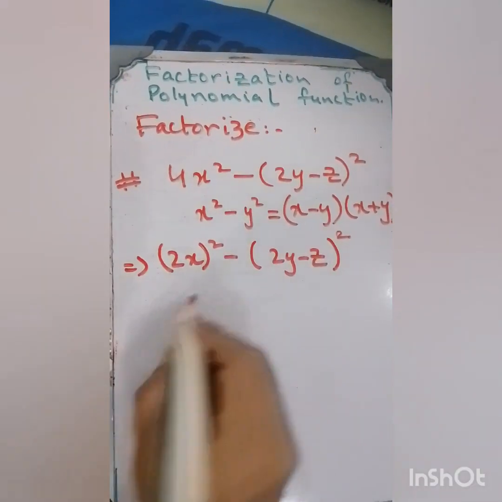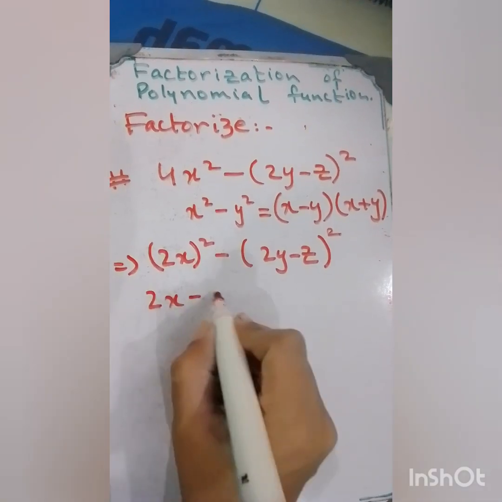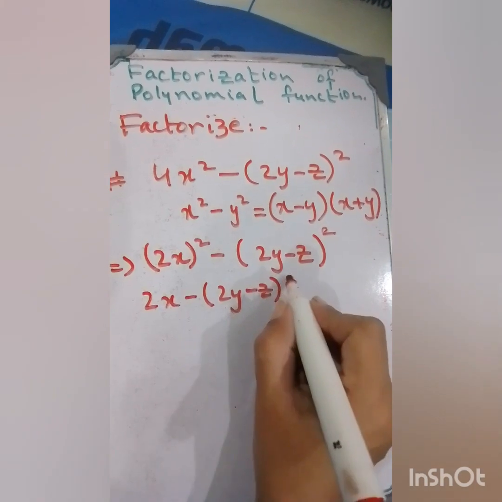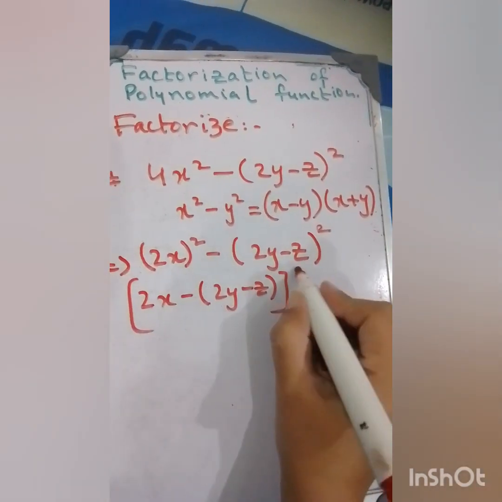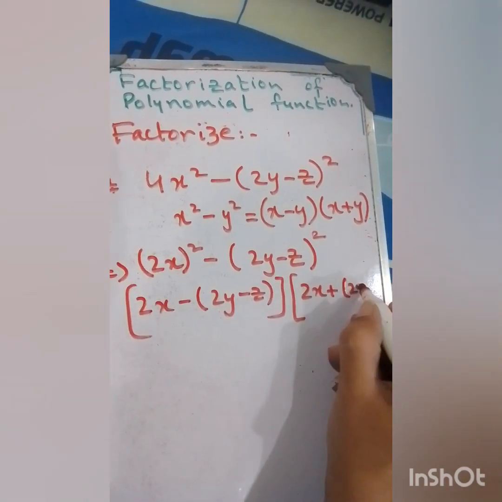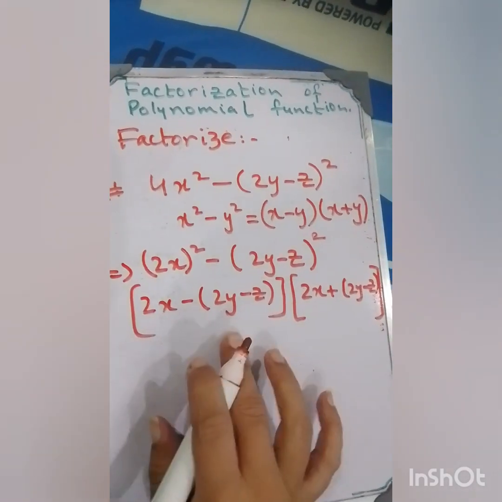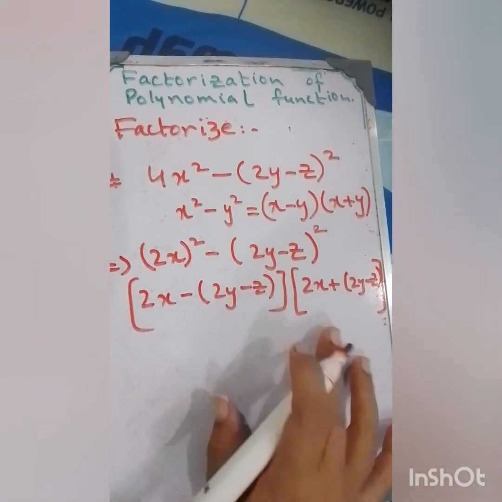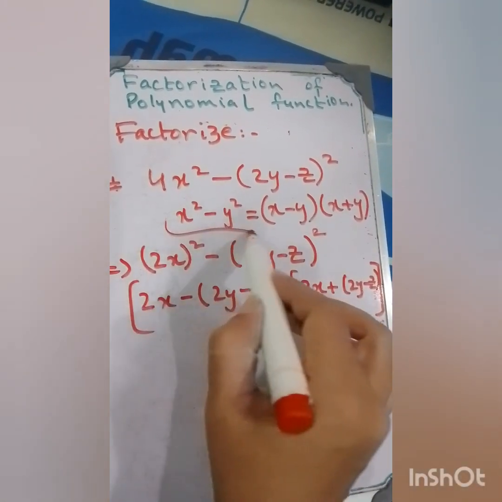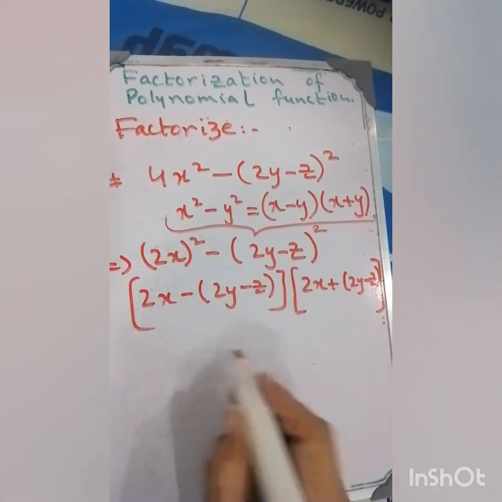So a square minus b square, I'm just writing it as 2x minus 2y minus z in brackets, and a minus b, a plus b: 2x plus 2y minus z. Done. A minus b, a plus b, this is my final answer. In order to factorize this, I'm using the difference of squares formula.